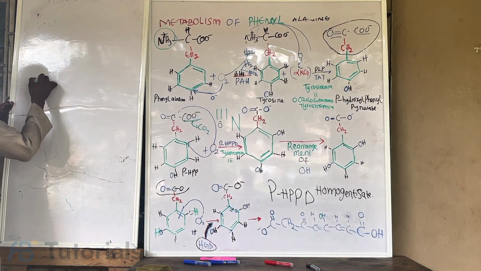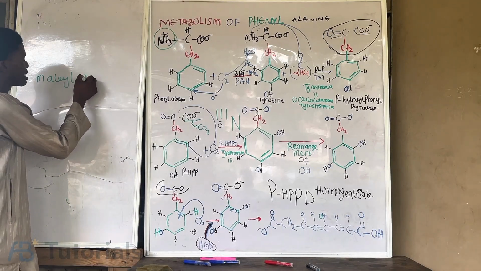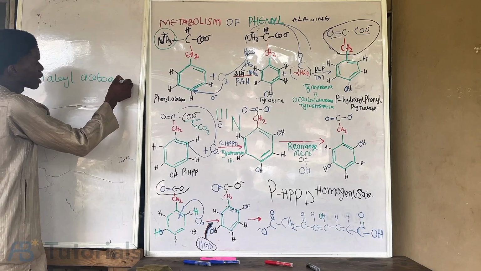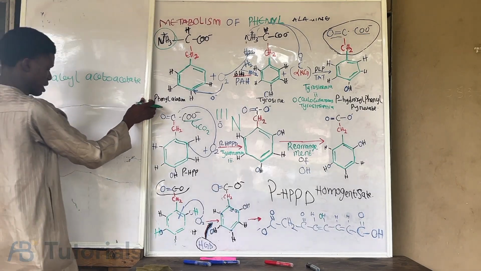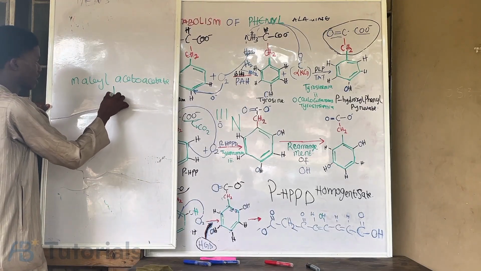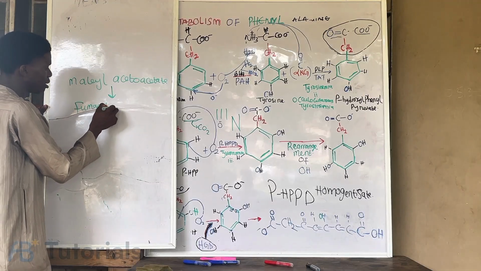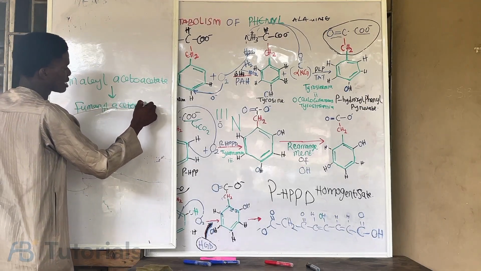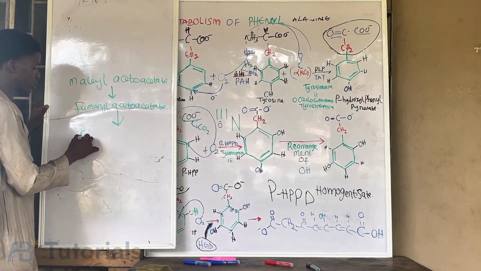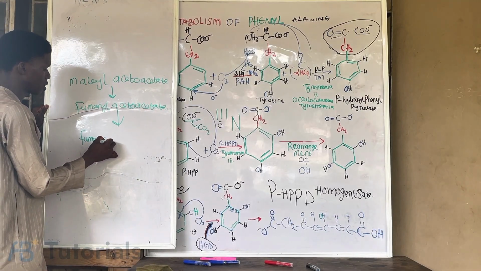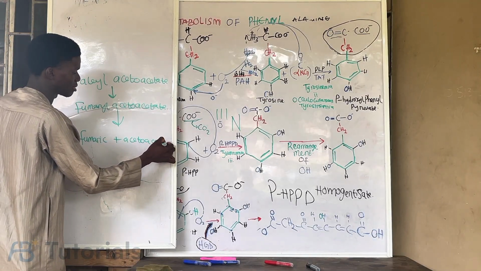Okay. Now the last thing here is to talk about our last product. Don't forget that our maleylacetoacetate is converted to fumarylacetoacetate, and from fumarylacetoacetate we have our fumaric acid and our acetoacetate, right?